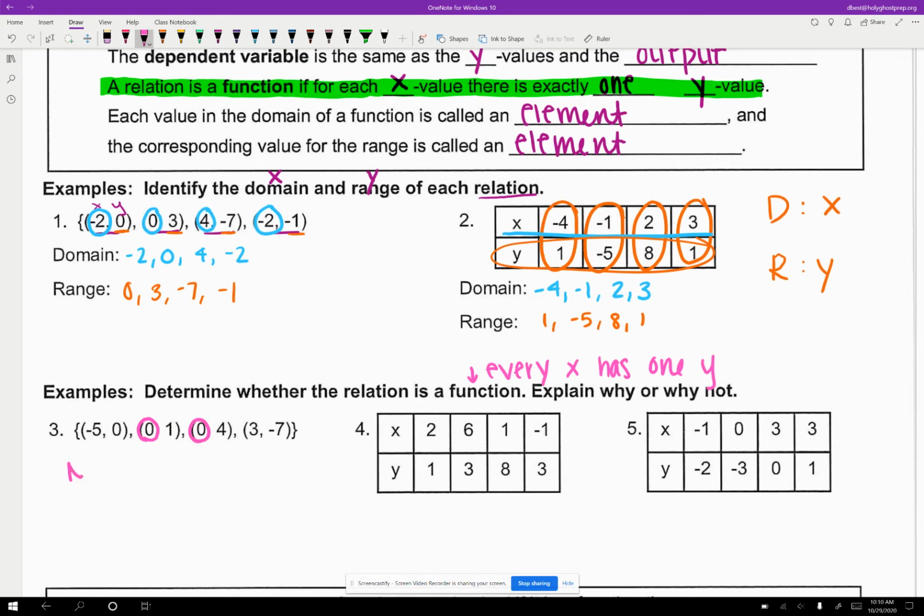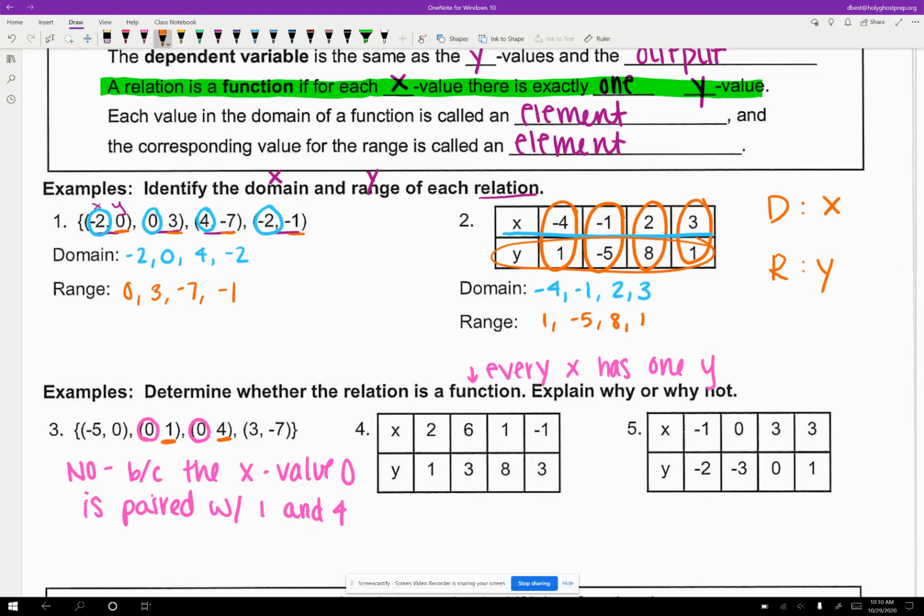So this is not a function because the x value of 0 is paired with both 1 and 4. So look at my ordered pairs that I've circled. 0 goes with 1 and 0 goes with 4. So it is not a function because my x value 0 has 2 y values.